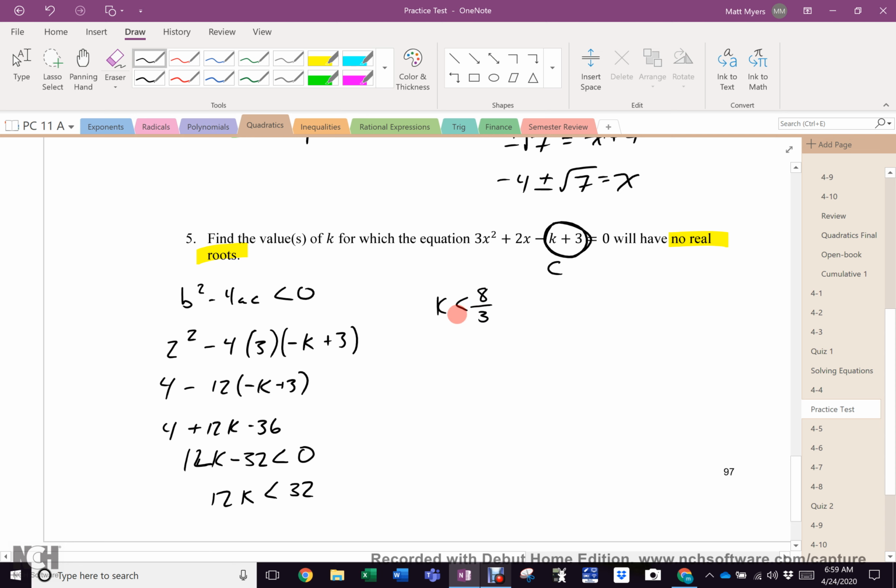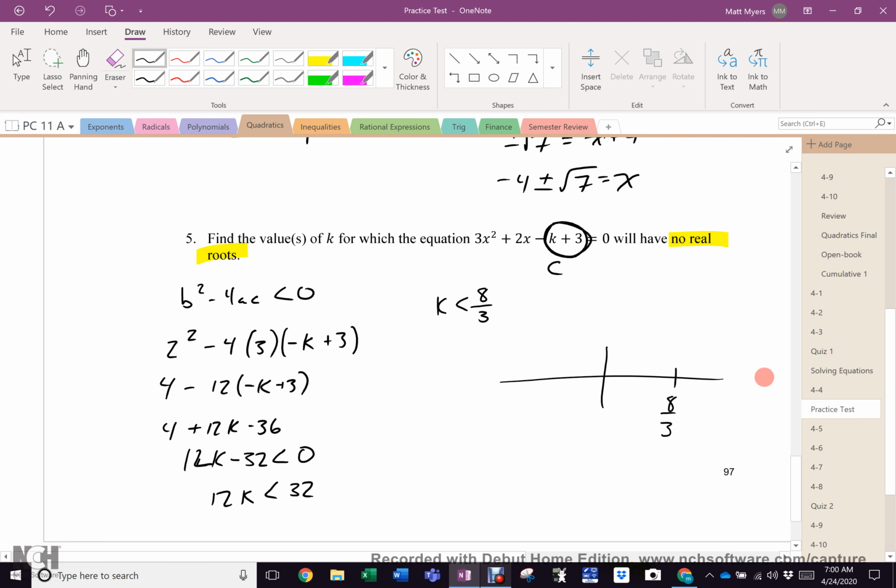So now we check. There is 8/3, right? So now we have to check where the values of k would work. It says it's less than 8/3. There's only one of them there. So since there's only one of them there, we only got to check one, because it can only be one side of these.